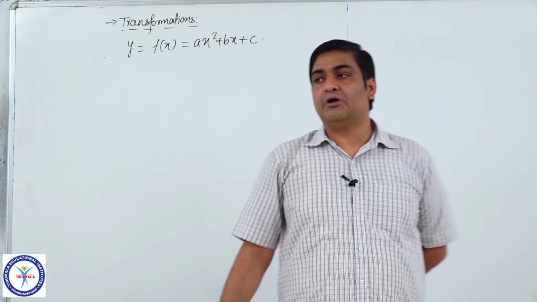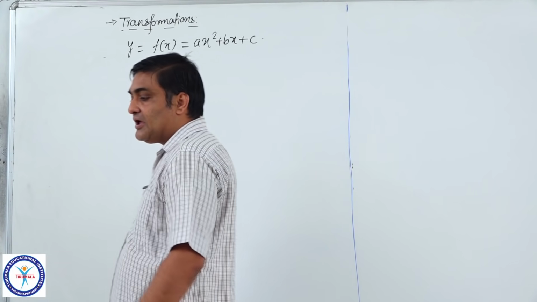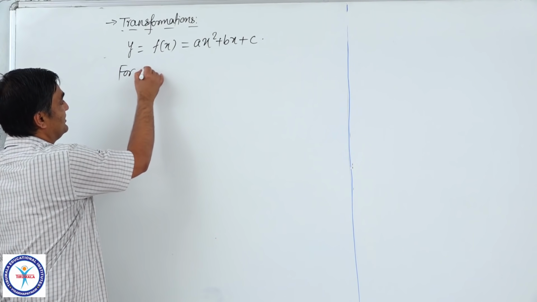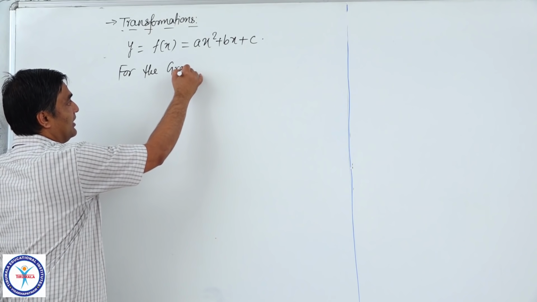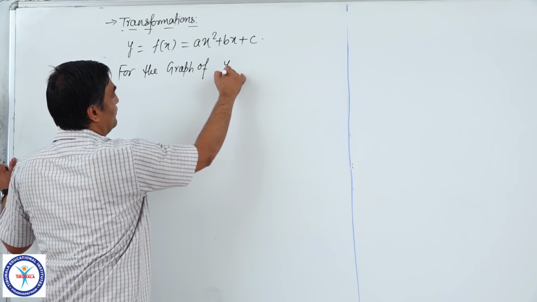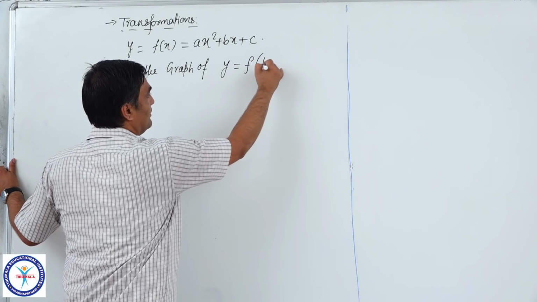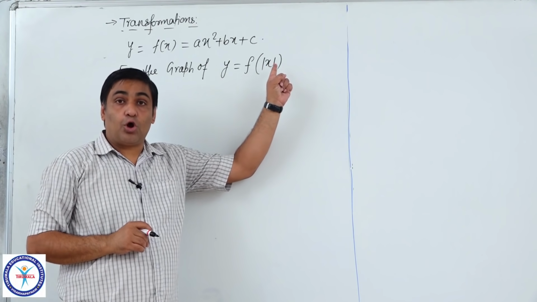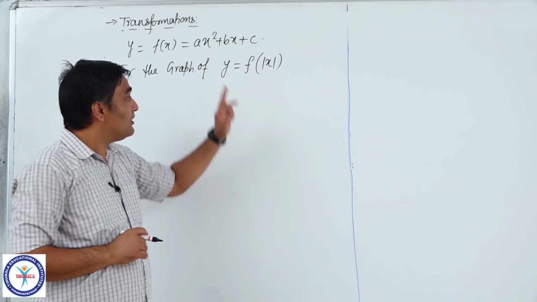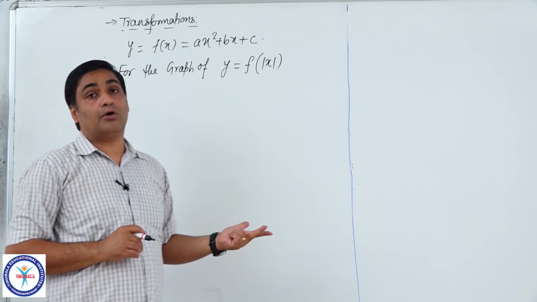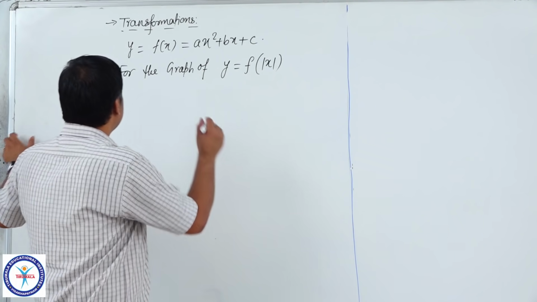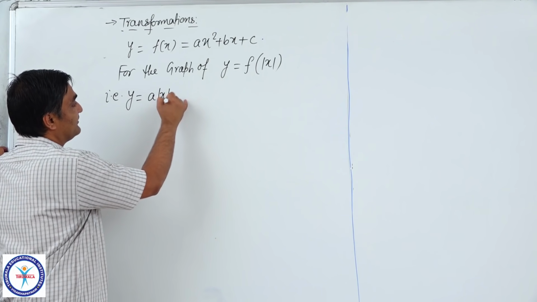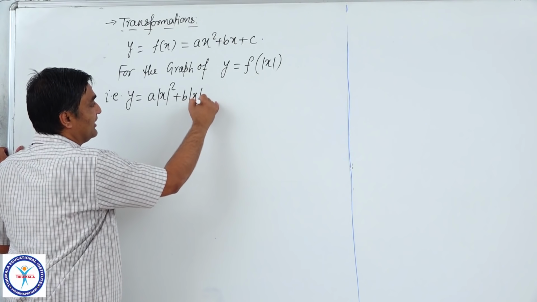This graph we know. Now, if we have to draw the graph of y equal to f of mod x, means now we have put a modulus sign on x, then how to draw the graph? That is y equal to a mod x square plus b mod x plus c.